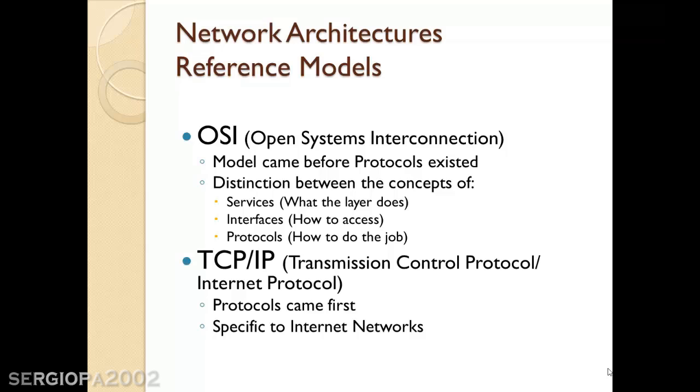In the OSI model, the model itself came before the protocols existed. This makes the model really universal, not tied to any specific protocols. It also did a great job of making a distinction between three different concepts, which are services, interfaces, and protocols.